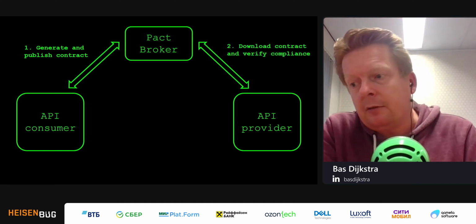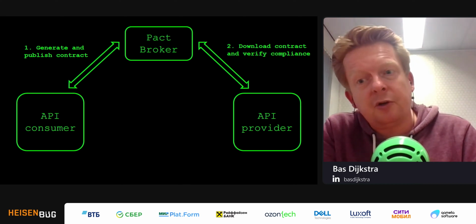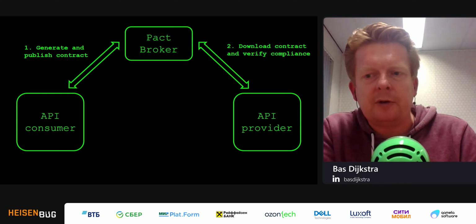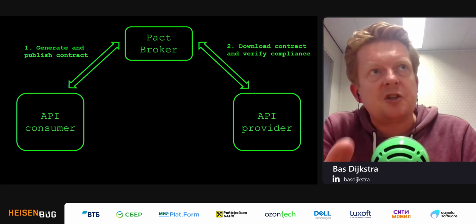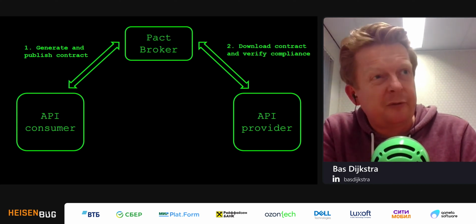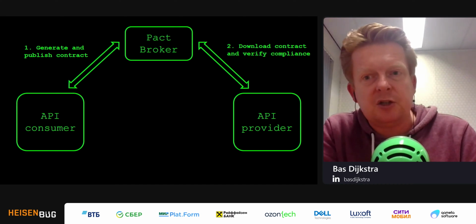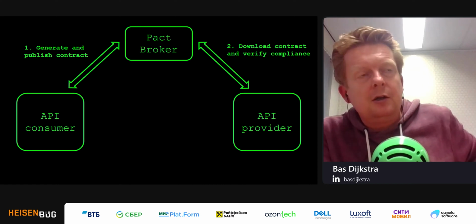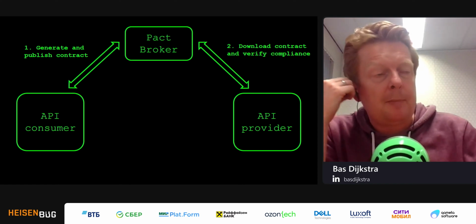The provider can, via the same mechanism, download the contract and verify compliance. Pact actually has a nice annotation for that. In the example code that we saw, I used the Pact folder annotation. There's also a Pact broker annotation, which you can use to point to a specific web address for a Pact broker.